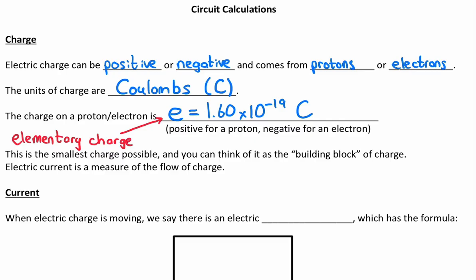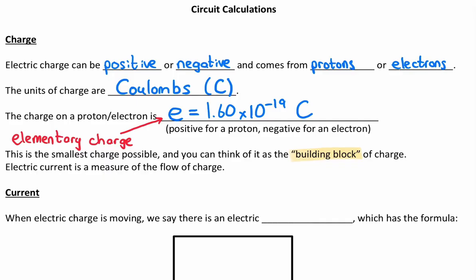Which basically means it's the most fundamental, smallest amount of charge you can have. It is the charge on an electron. It's also the charge on a proton. And you can think of this, like I've said before, as sort of the building block of charge.